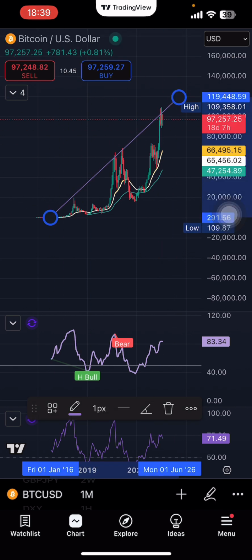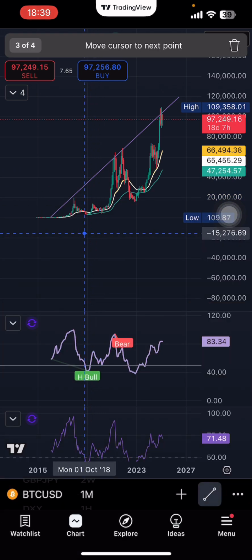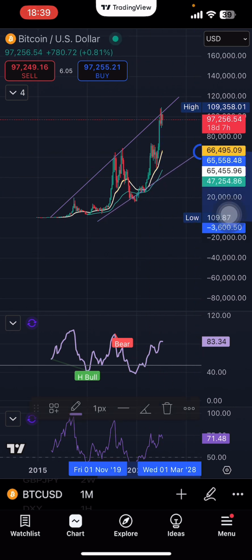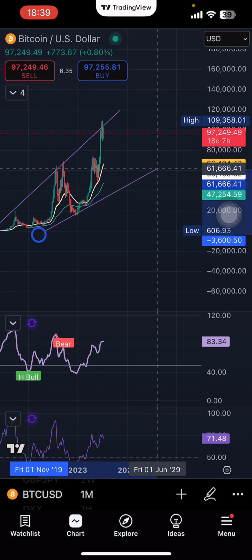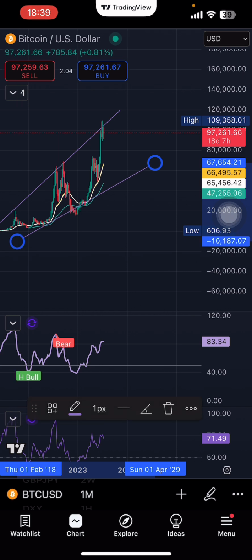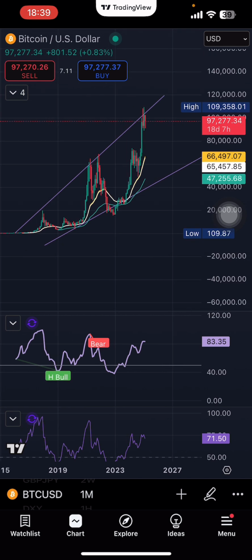Make sure you always have multiple touch zones. That is when you know you have solid price action charting.